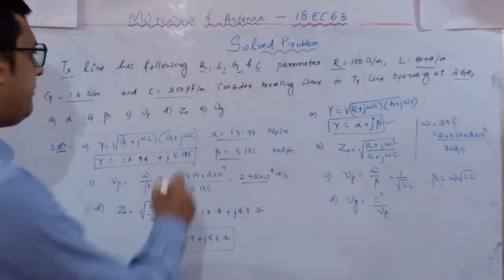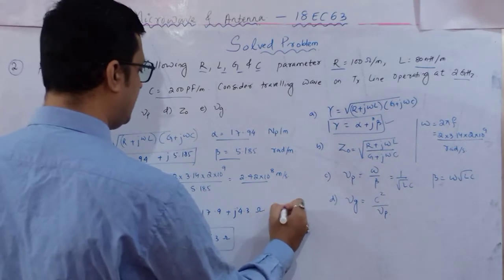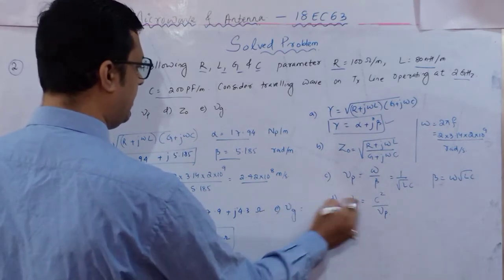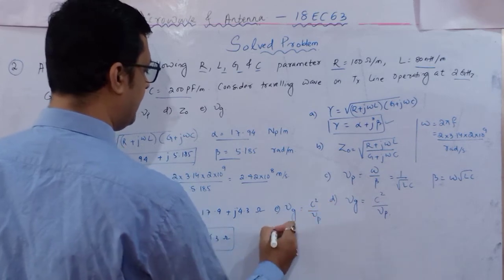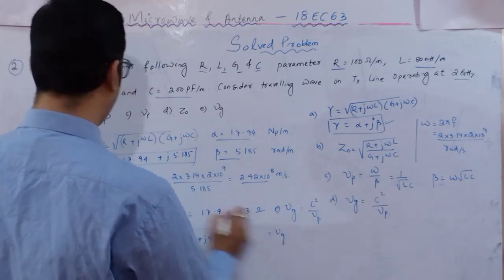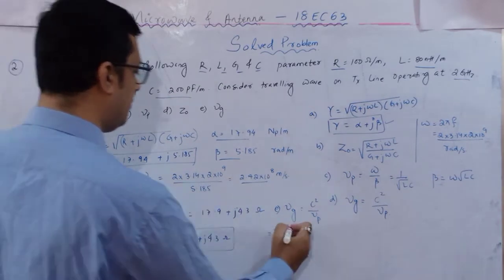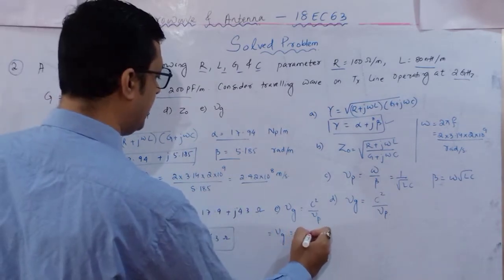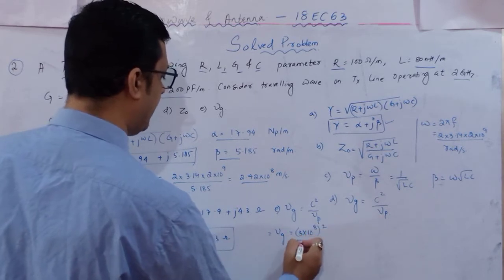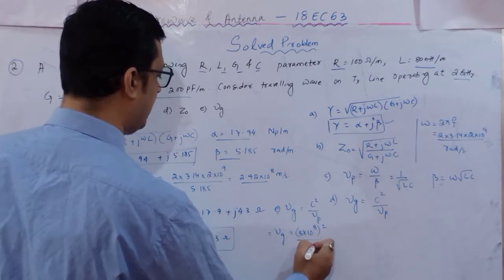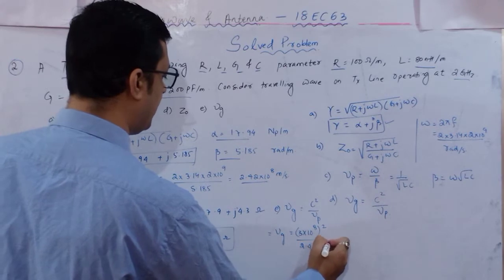And what we have left with is phase velocity, group velocity. So group velocity with the help of this relation c square by Vp. Now what is Vp? Vp is 2.42. So it is 3 into 10 to the power 8 whole square divided by 2.42 into 10 to the power 8.